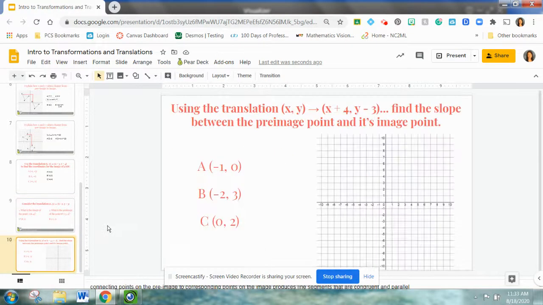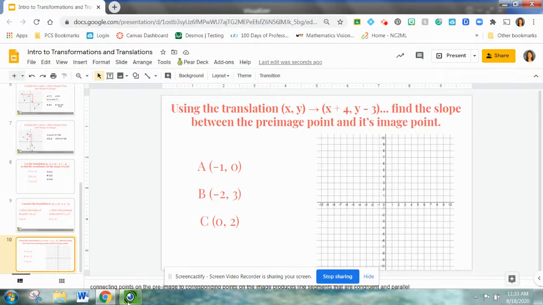All right, last but not least, we have a translation. We're going to perform the translation, and then we're going to find the slope between the pre-image and the image.